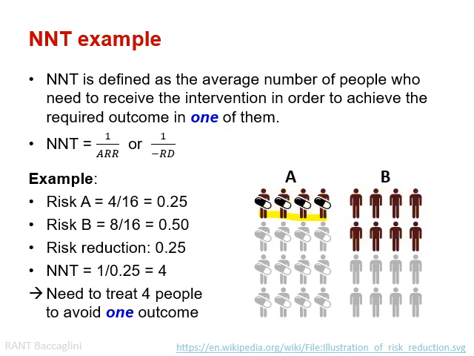And this can be seen easily because if we now, for example, focus on just this column here, we have 4 individuals who were treated and 1 developed the outcome. In group B, those who received the placebo or no treatment, we have 4 individuals and 2 developed the outcome. So if we treat all 4 of them, 1 would not develop the disease. And that is what the number needed to treat is.